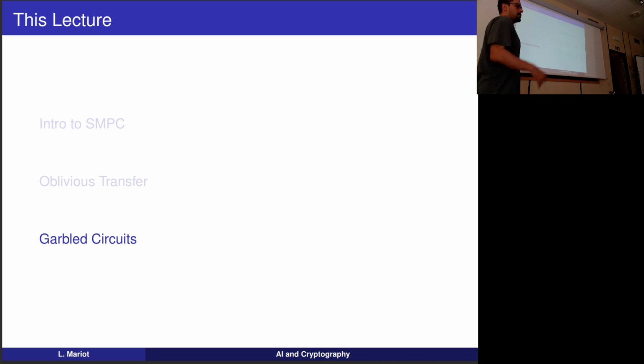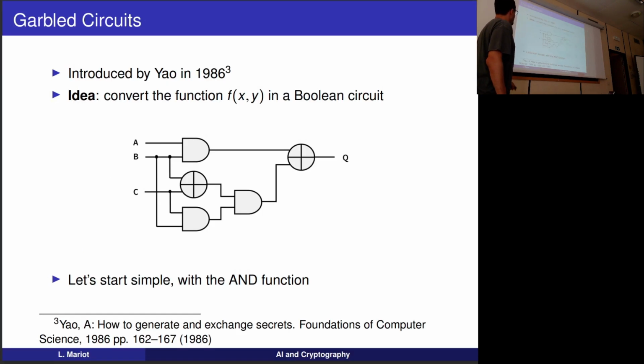Now we move to the next topic, which is garbled circuits, and we will see also how to compute the secure AND using garbled circuits, which are also based on Oblivious Transfer. This is a protocol that was introduced by Yao in 1986; here you can see the reference. The problem is always the same. We have a function, for example the AND function, and two private inputs, x and y.